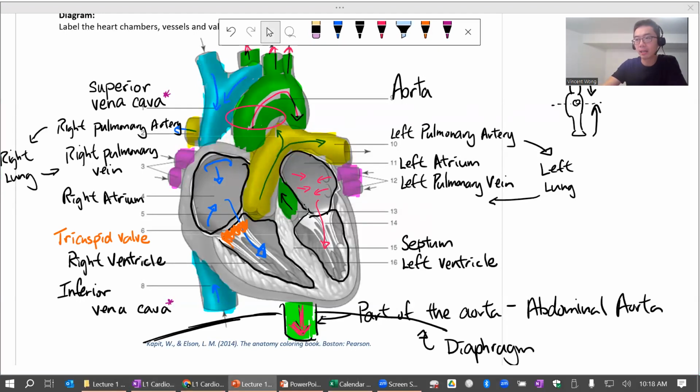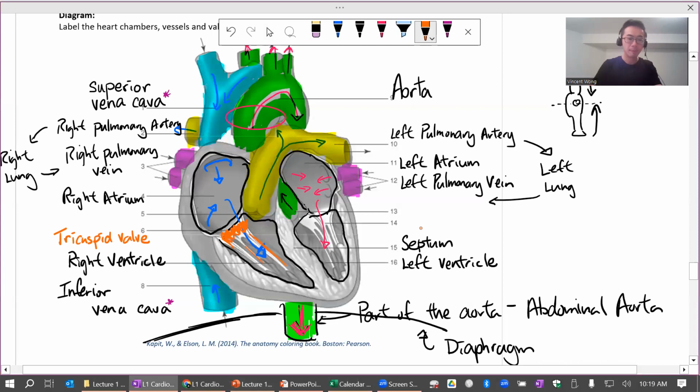Cuspid means flaps, and tri means 3. So the valve on the right side, which separates the right atrium from the right ventricle, has 3 flaps on it. These white lines that you see over here are little cords that pull them open when they need to open. We're not going to label them.